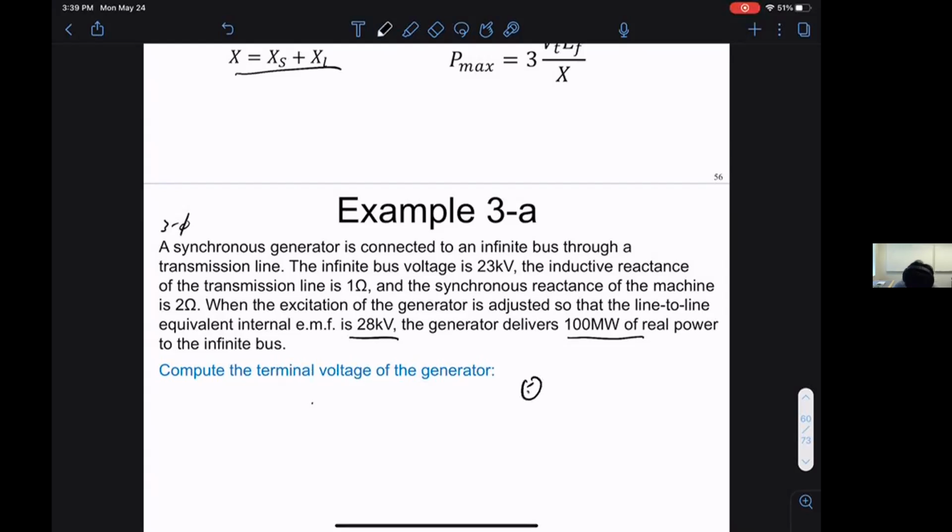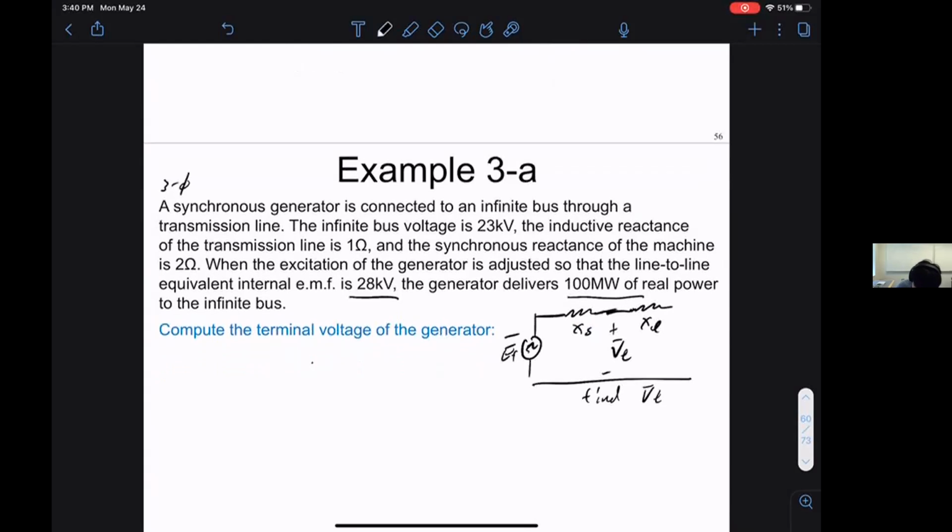We have an EF here, there's some synchronous reactance XS, there's some line reactance XL. What we want is this VT. So this is find VT.